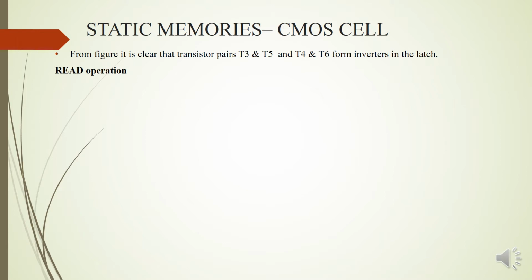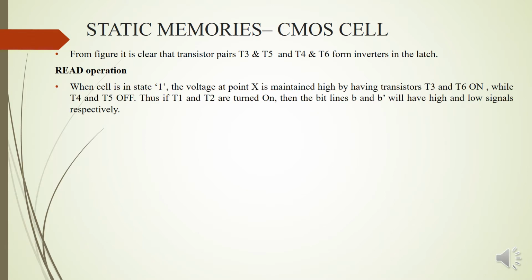For read operation, when the cell is in state 1, the voltage at point X is maintained high by having transistors T3 and T6 in the on condition while T5 and T4 are in the off condition. Thus, if T1 and T2 are turned on with word line activation, the bit lines B and B bar will have high and low signals respectively.